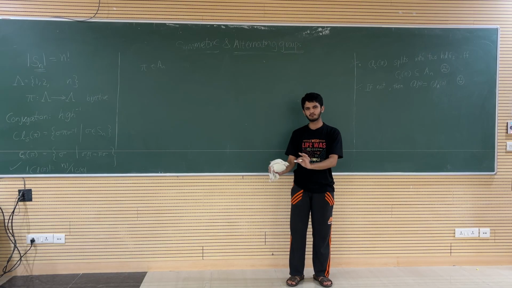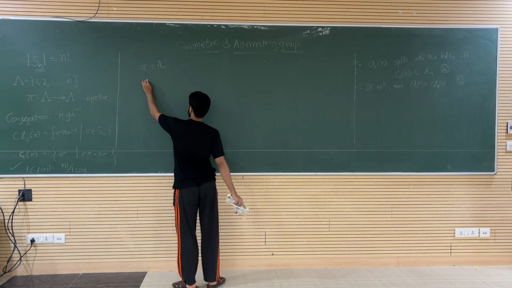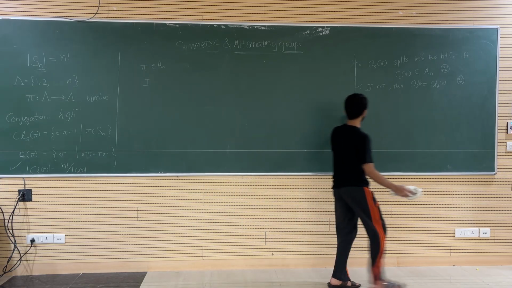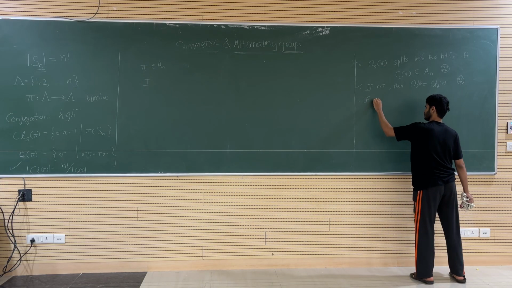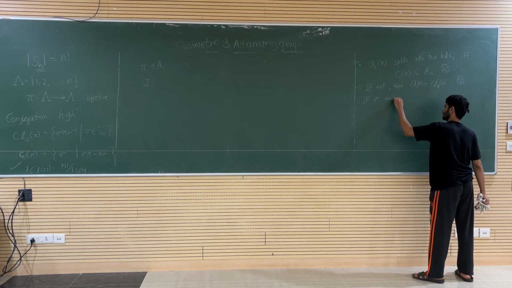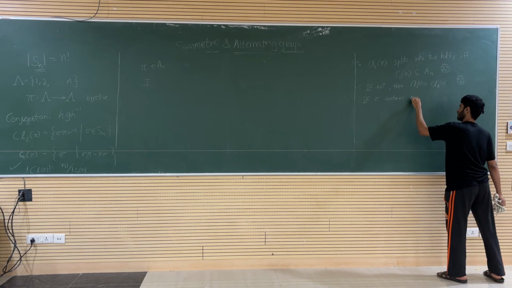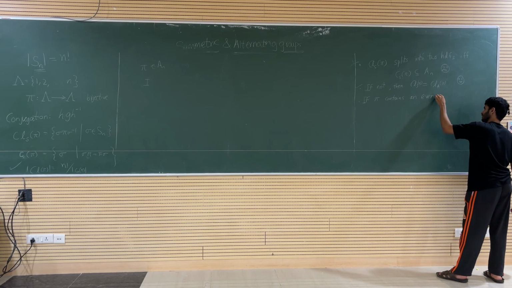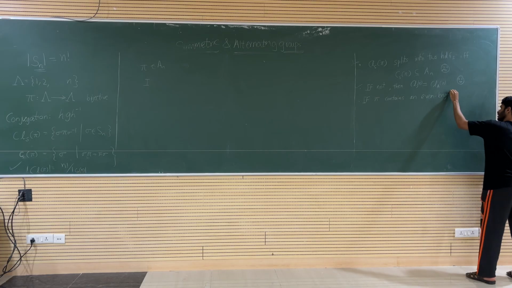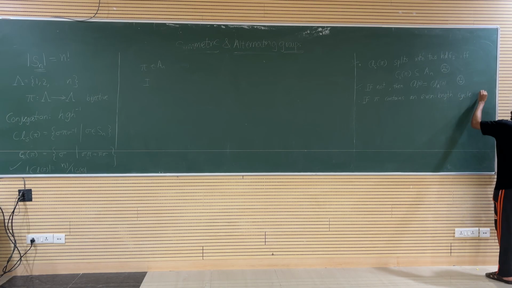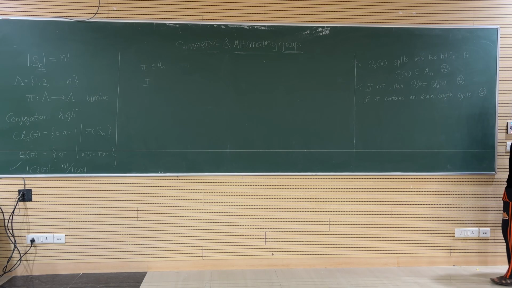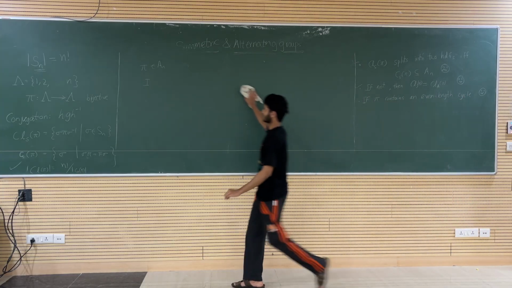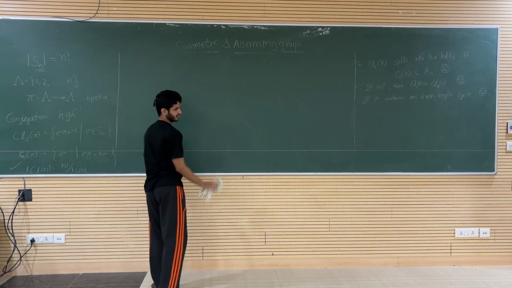First answer, simplest answer, I will write the result. Every result will be here. If pi contains an even length cycle, we are happy. Can you see why? Very easy.